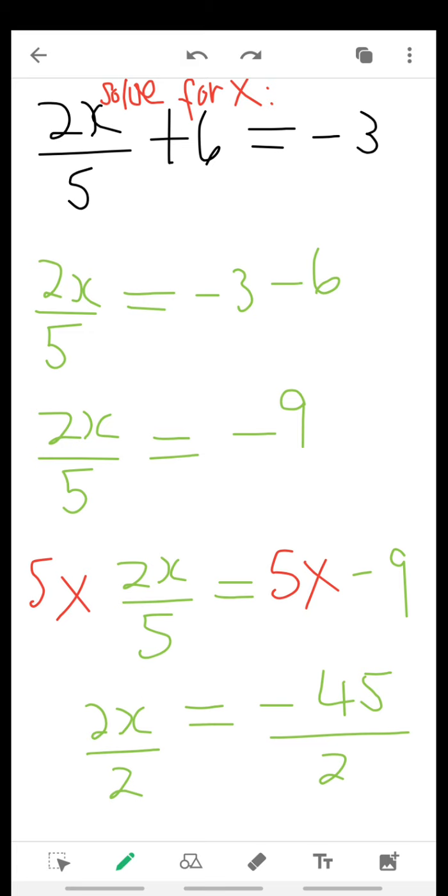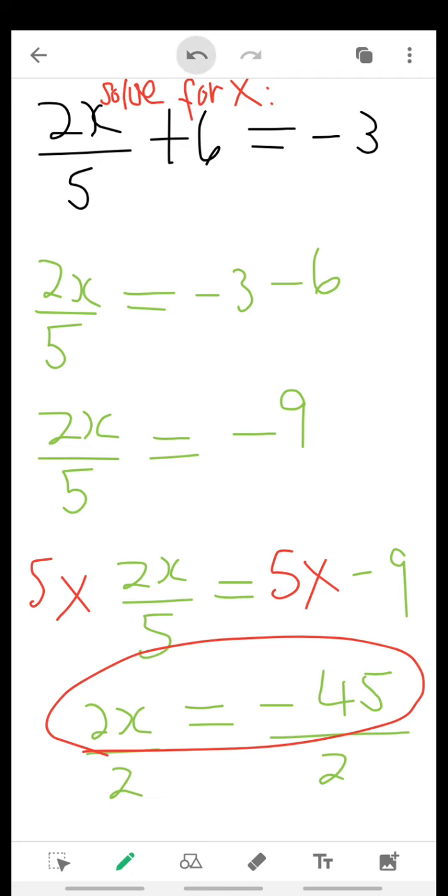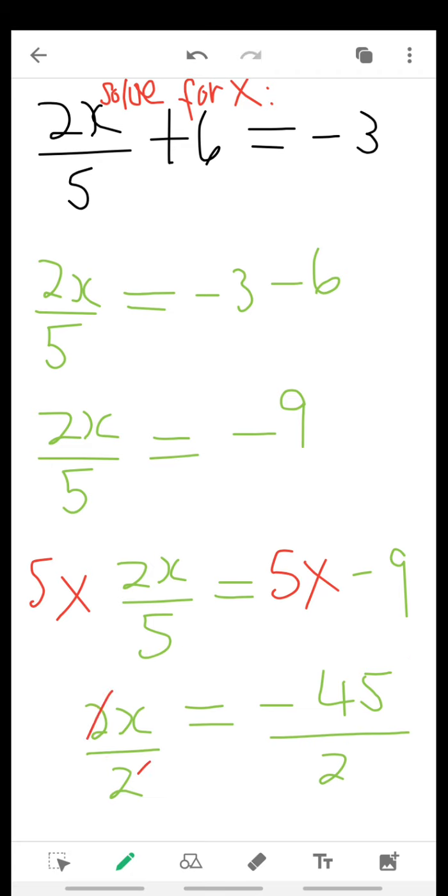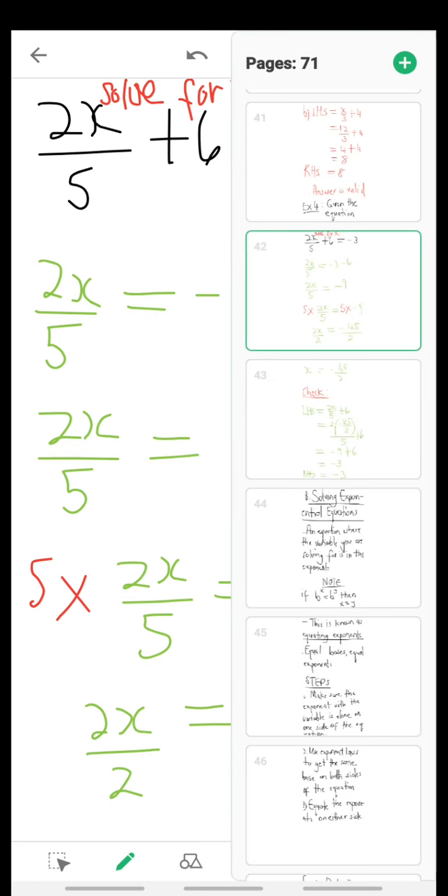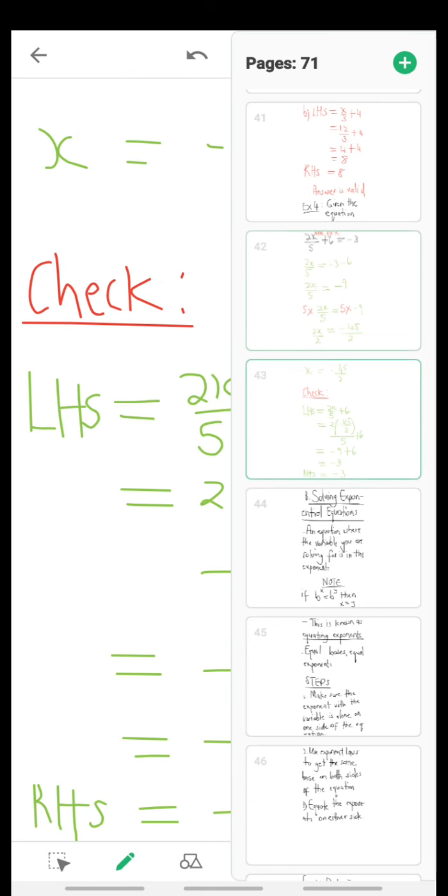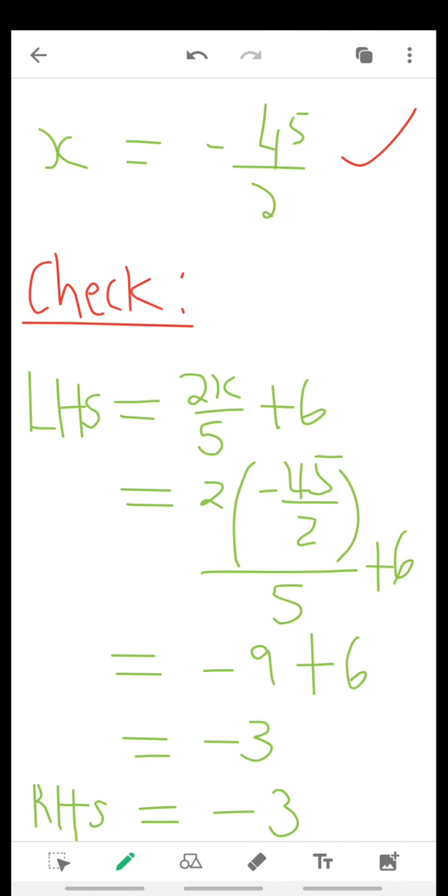By dividing both sides by, actually, multiply. Oh, so this will be division because we were here. 2x equals minus 45. So for me to get rid of the 2, I'll divide both sides by 2, and the 2 and the 2 will cancel. I'll be left with x, and then minus 45 divided by 2 will remain as minus 45 over 2. Okay, and that would be the answer.